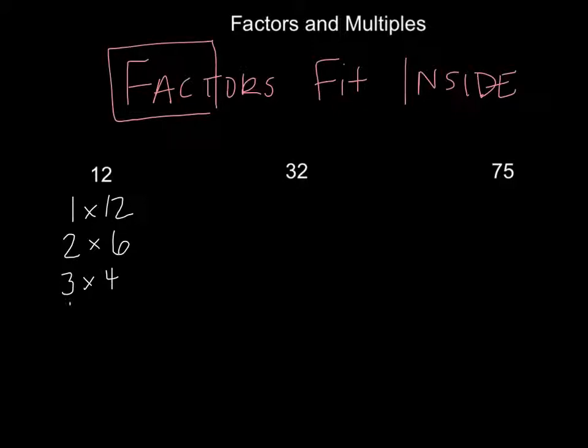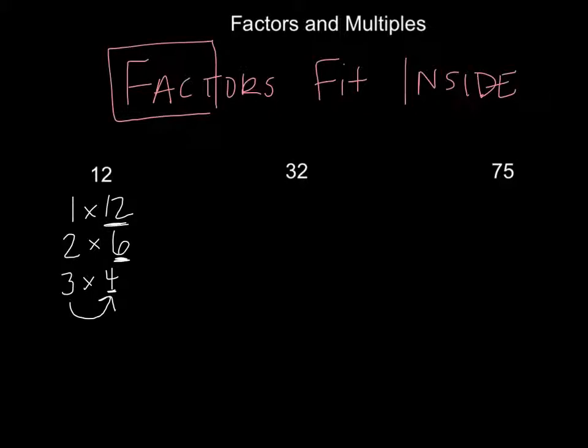Now, if you look at this, the next number I would check would be my math fact for 4, and that would be 4 times 3. So we call this the turnaround point because 4 is right here, and if I were to check for 5, 5 does not evenly go into 12, and the next number would be 6, which is already up here. 7, 8, 9, 10, 11, all won't evenly fit inside of 12, and then the last number that will fit inside of 12 is itself.